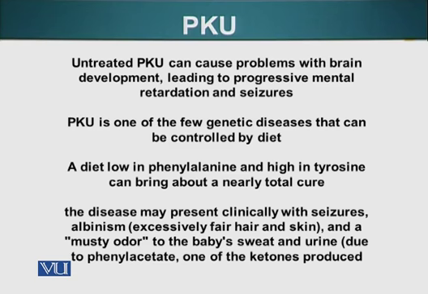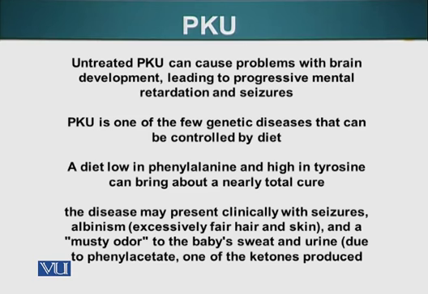So phenylketones will not be able to cause mental retardation. And if we supplement their diet with tyrosine, that can be converted into the pigment. So these people who have both alleles defective, a mutated or changed gene for PAH, can be basically managed and they grow up to be normal.